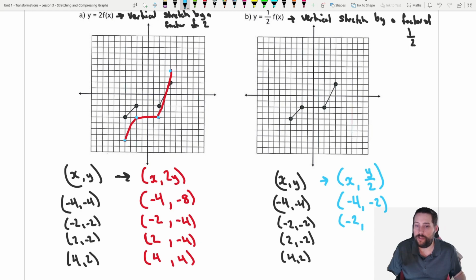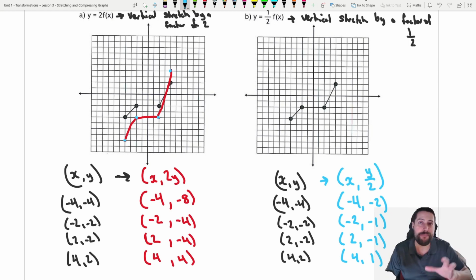Our x value remains the same at -2, but -2 divided by 2 gives us -1. 2 remains the same, but we get -1. And then finally 4, but then we have 1. So let's map out these points. Now that we've mapped out these points, let's graph it.